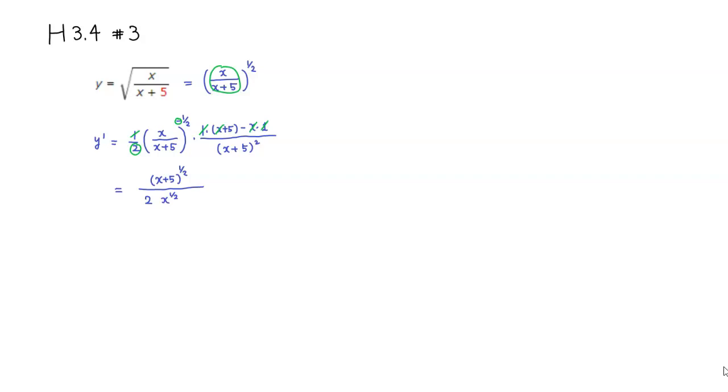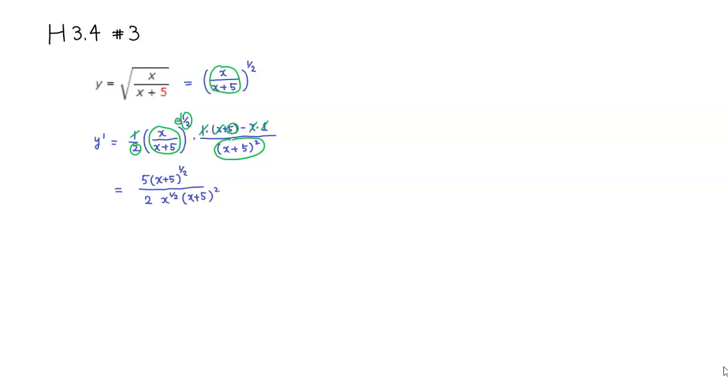That takes care of these. Then there's a 5 there, so I put 5 on top, and we still have x plus 5 quantity squared.